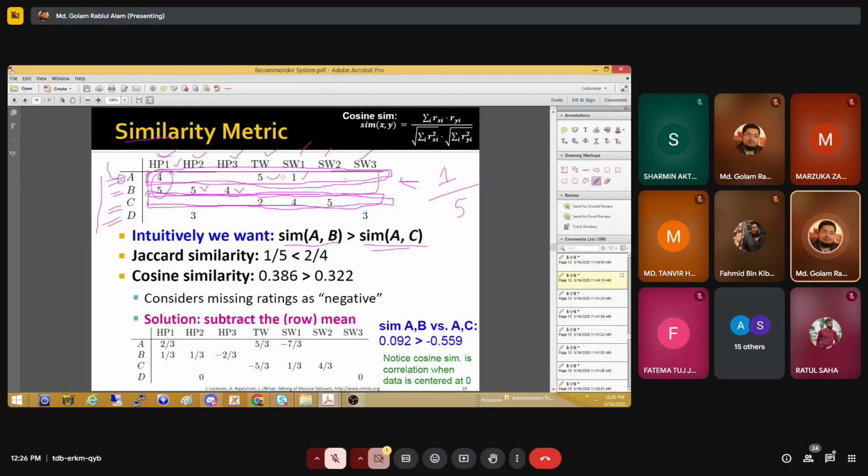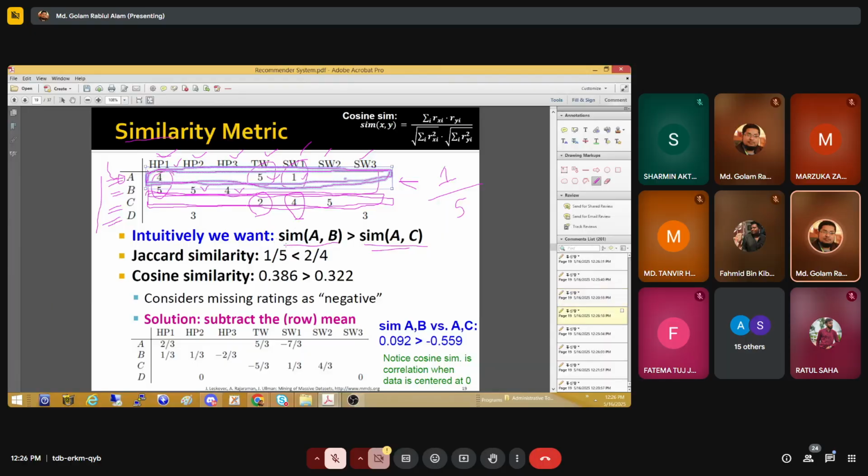Okay, in that case, you can see how many times we got the ratings in both A and C. So for both A and C, this is one time, and then another time is this.